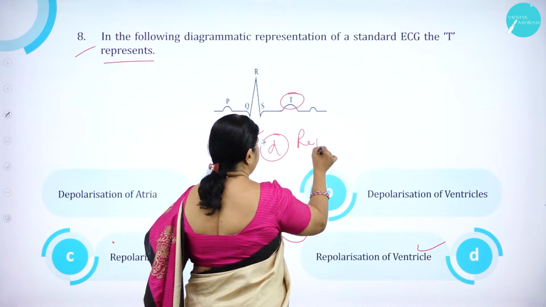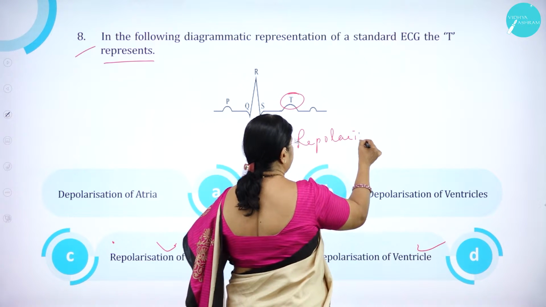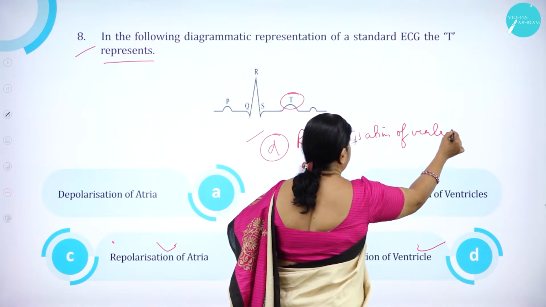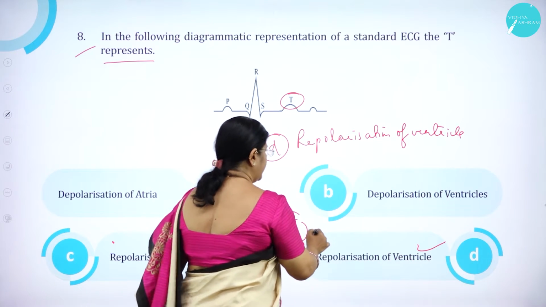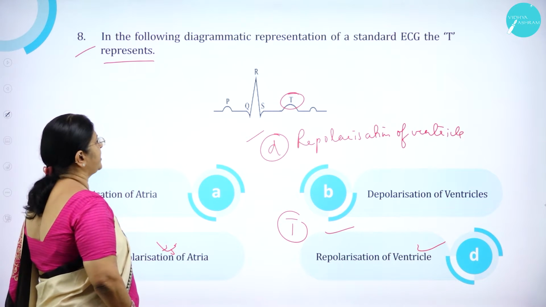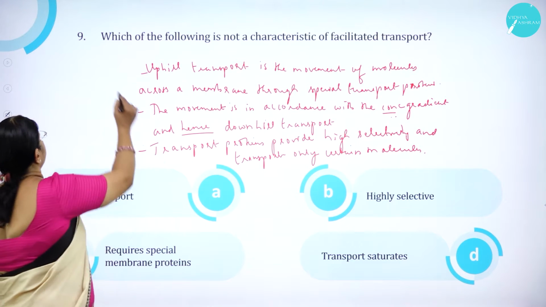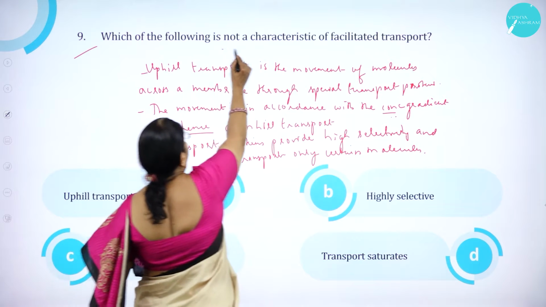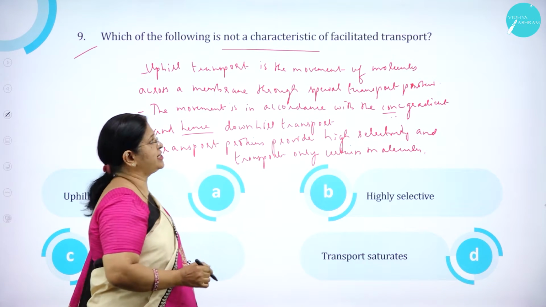So option D is correct, repolarization of ventricle. Moving on to question number 9. Which of the following is not a characteristic of facilitated transport?